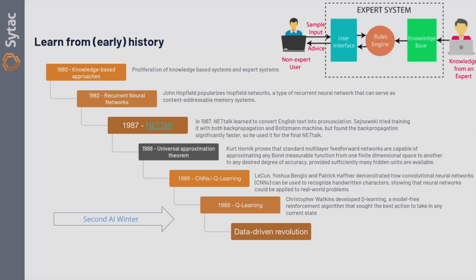Some interesting theoretical approaches: they proved that neural networks with more than one layer can approximate any function, and that is some of the basics of what later became deep learning. Q-learning, some of the reinforcement learning stuff, is also still used in large LLMs, more on that later.